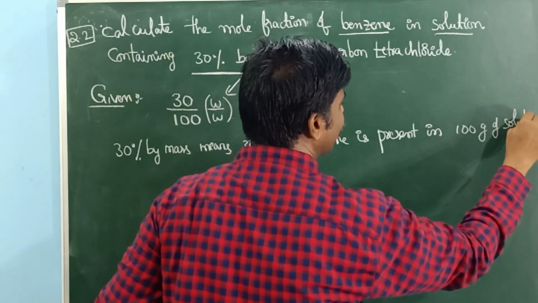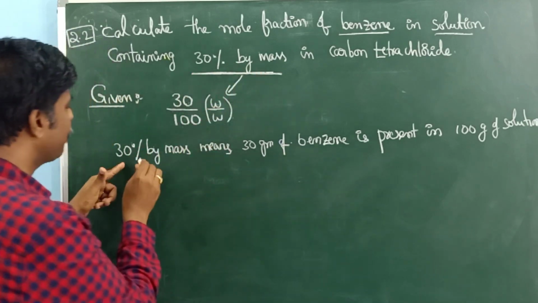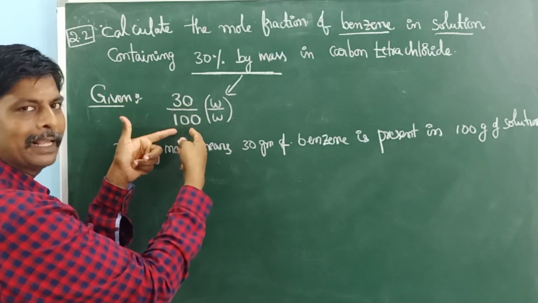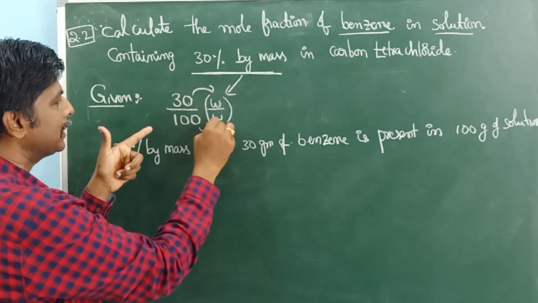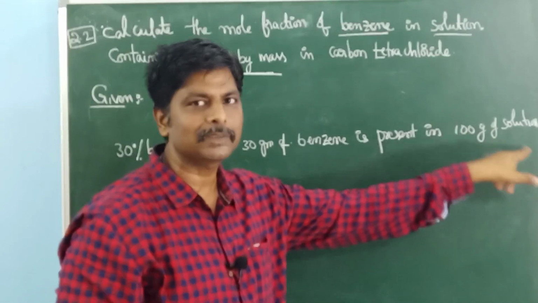So, understood what is the meaning of 30% by mass? It means 30 grams of solute is present in 100 grams of solution.